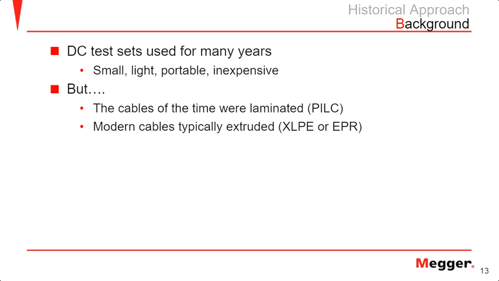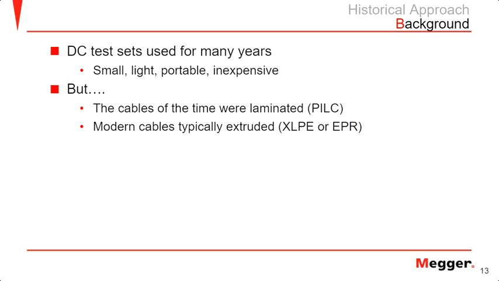But the cables of those times, like before the 80s, 90s, were mostly laminated cables, and their insulation characteristics are a lot different than your modern cables that are typically extruded. That is your XLPE or EPR cables.